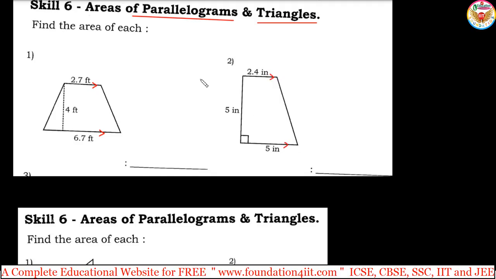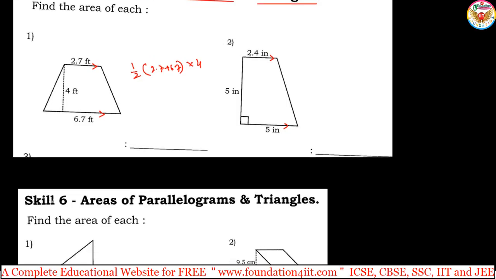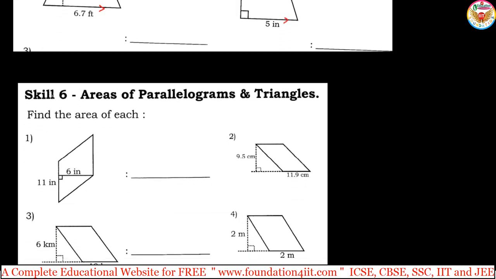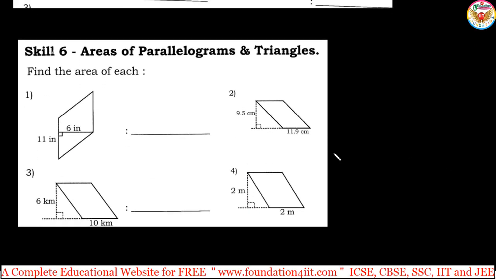All the shapes I'm giving, not only this one. So 1 by 2 times the sum of the parallel sides, 2.7 plus 6.7, you can add, and multiply by the distance between them. Area of triangles, area of the parallelogram, area of the trapezium, those problems were already practiced in the previous class. Now I'm not telling again. Use this worksheet for practicing.